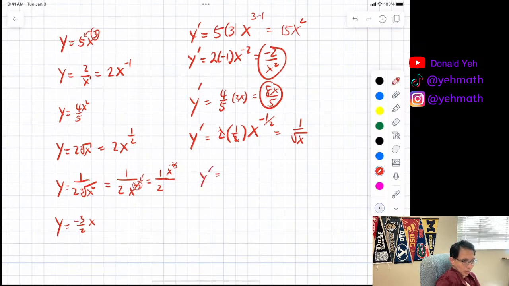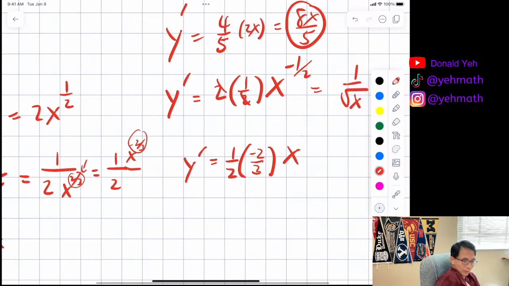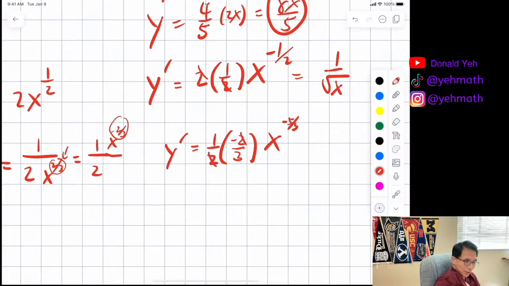So y prime is equal, and don't worry about asking a question, because right now is a good time to ask a question. Now I'm going to take a derivative of this. It'll be negative 2 over 3 x to the what? Negative 5 thirds. So the 2 cancels out. That's negative 1 over 3 x to the negative 5 over 3.